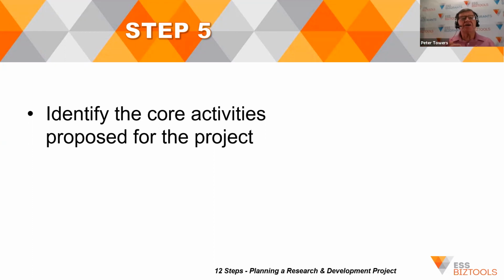But if they've now got to conduct a series of experimentation to determine which is the best approach, they need to identify what those core activities are. What are they trying to prove will work and will be a saleable product? So that's the core activity.